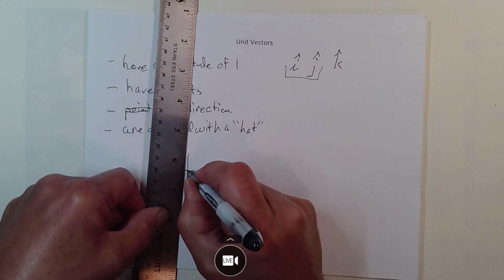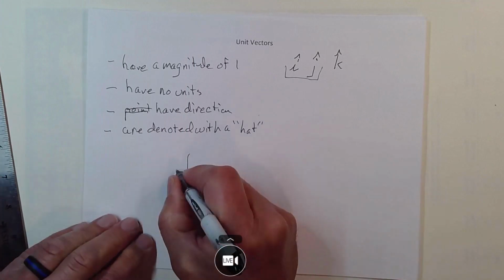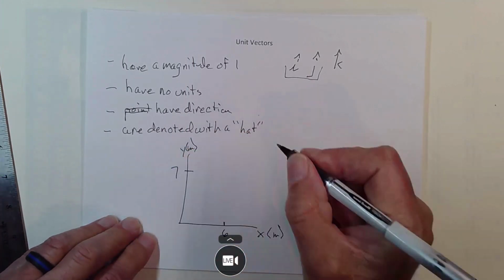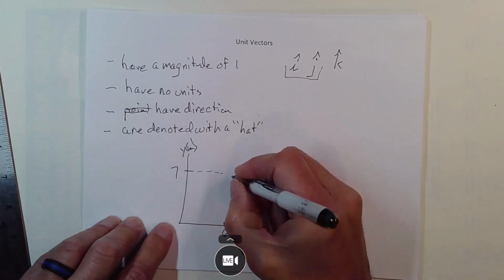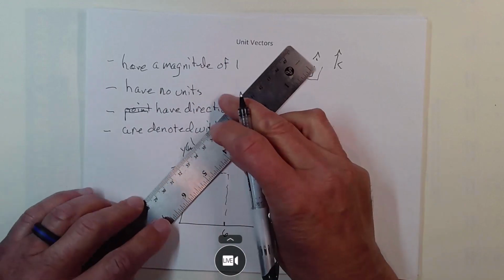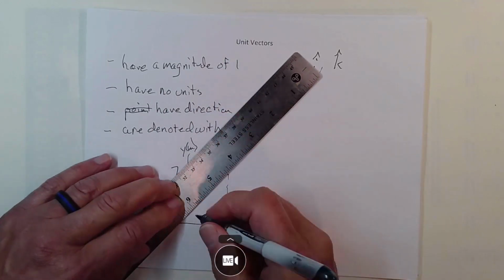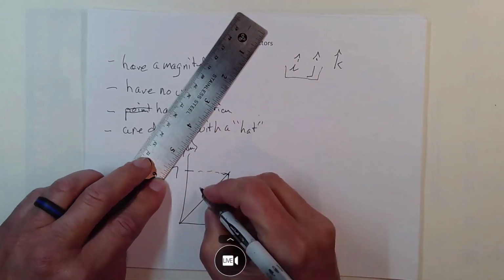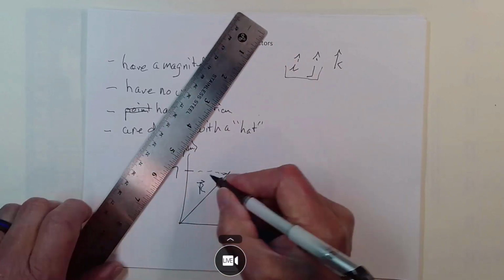Heavens, I should be using centimeters, but this will be 7. This is the y direction, also in meters. And let's suppose that we have a vector that looks like this. And this is a vector r.